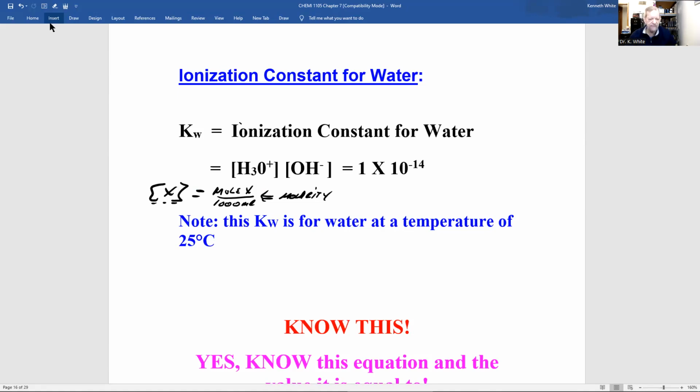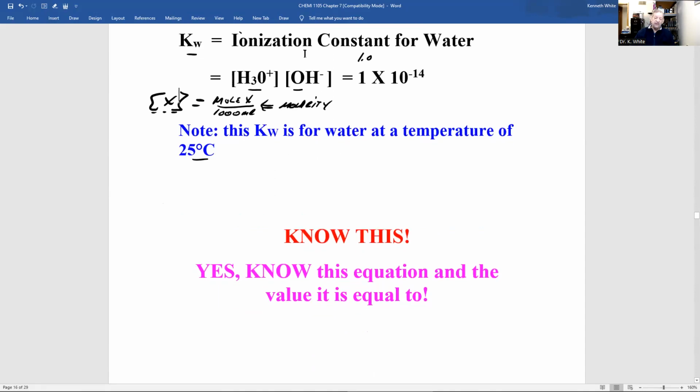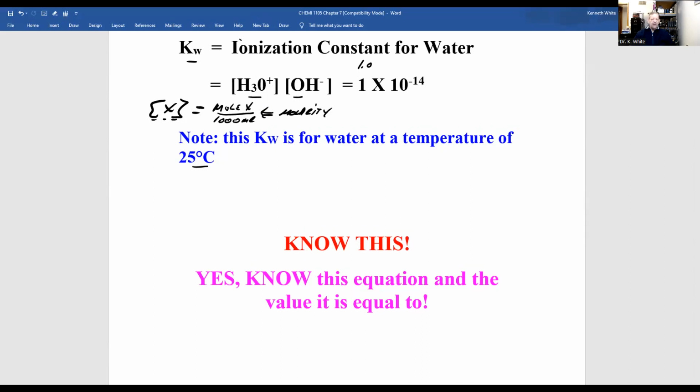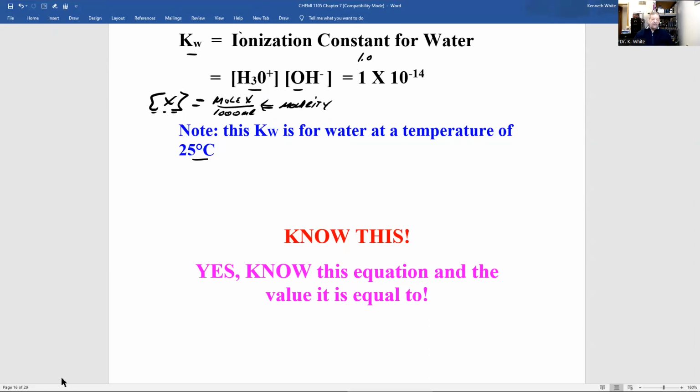Therefore, Kw is the hydronium ion concentration, H3O+, times the hydroxide concentration, and this is equal to 1.0 times 10 to the minus 14 at 25 degrees C. At different temperatures, it's different amounts. And this is something you should know. Know this equation, know the value. Listen to the old slide. You no longer have to memorize things in my class, not everything.